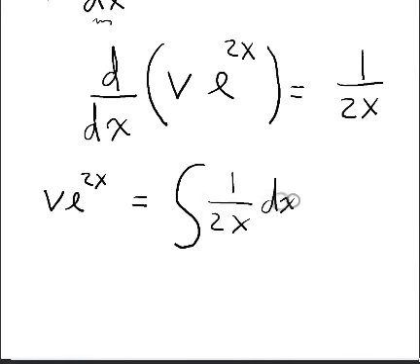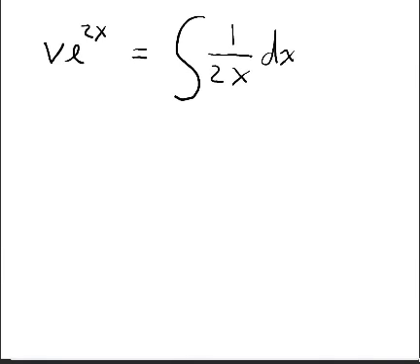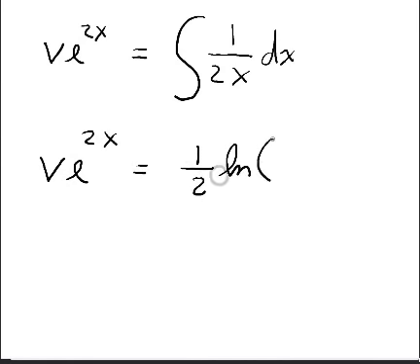So we obtain the solution in terms of v as follows. v times e to the 2x is equal to 1/2 the natural logarithm of the absolute value of x plus some constant.